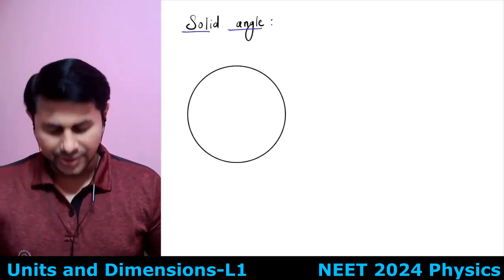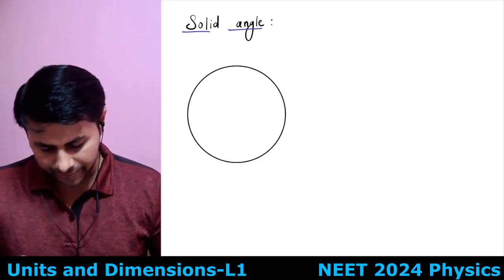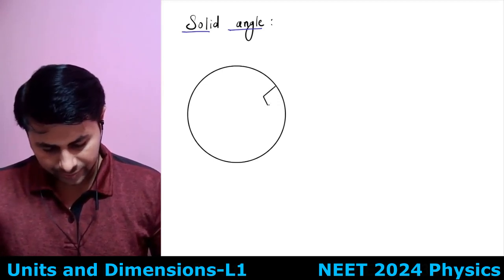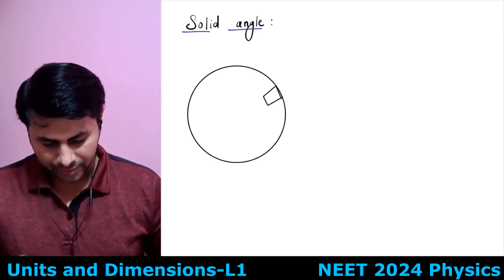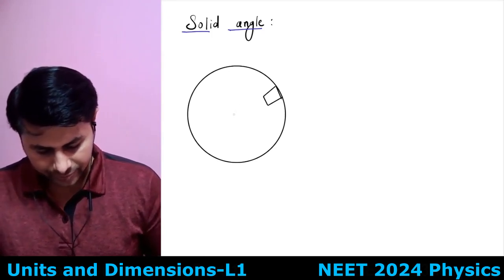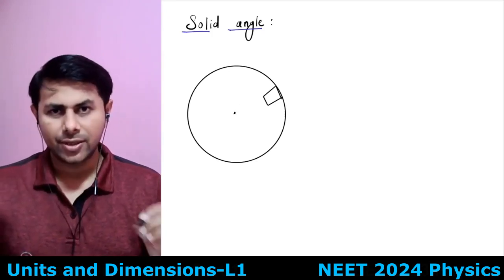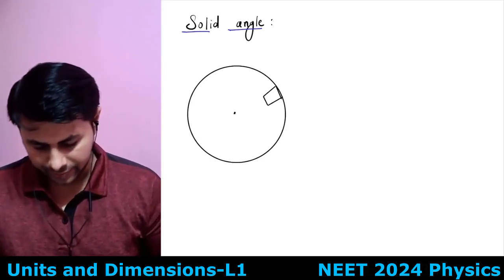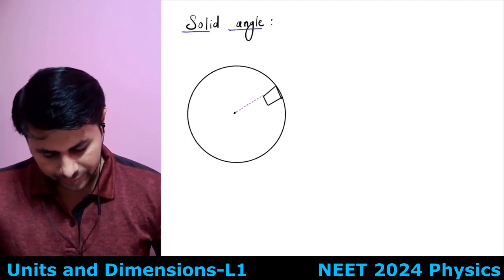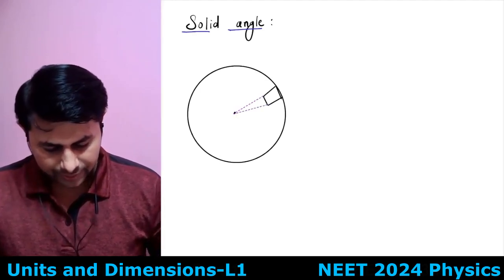Now, if you consider some area on the sphere, let's say I consider this much area, and if I join each and every point at the boundary of this area to the center of the sphere, like this.